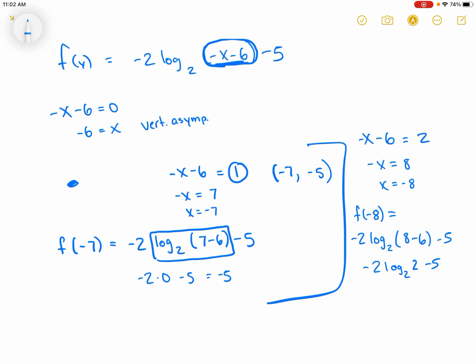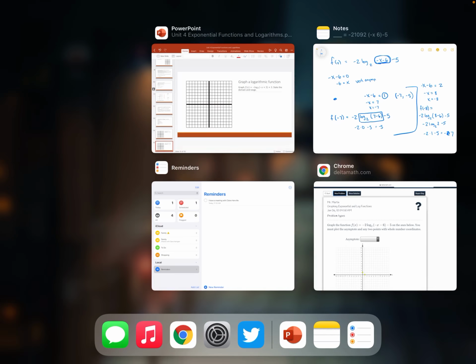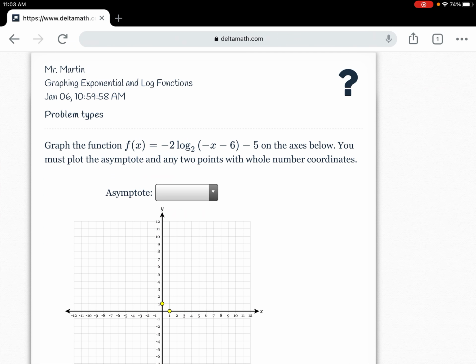Log base 2 of 2 is 1. So we get -2 times 1 minus 5, which is -7. So -2 minus 5 is -7. So we have (-7, -5), and (-8, -7), and x equals -6.